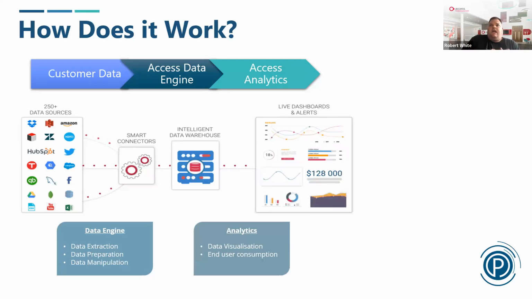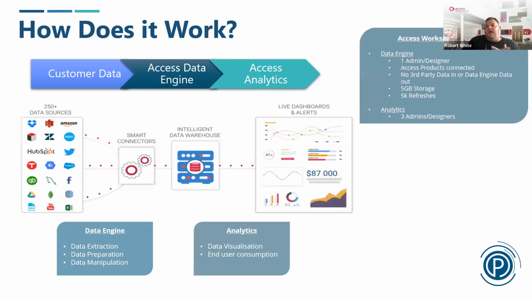Now, all of this is housed within Access Workspace. Some of you may have heard of that before. I'm not going to go too much into it. That's a whole other webinar, but there are two versions of Workspace, and they do have an effect on the data engine.